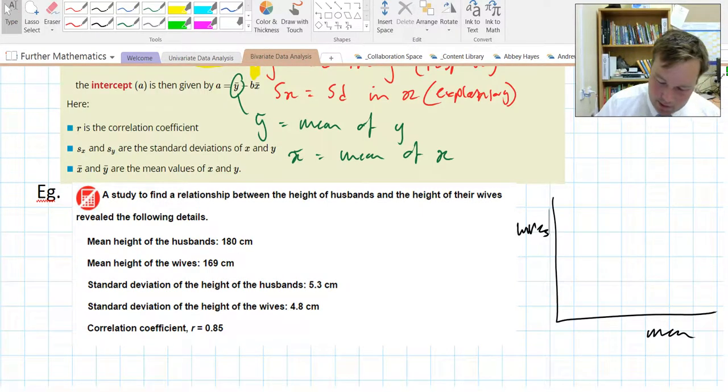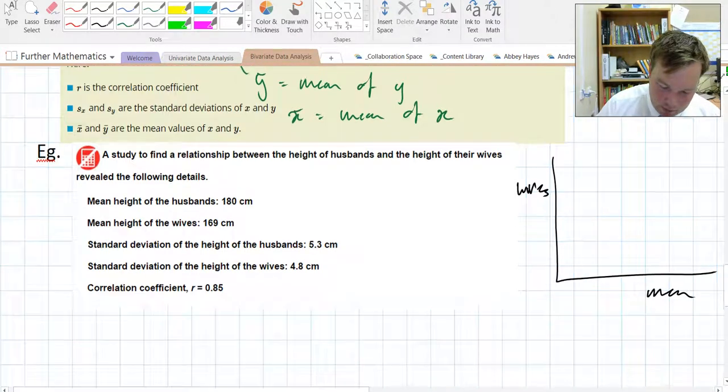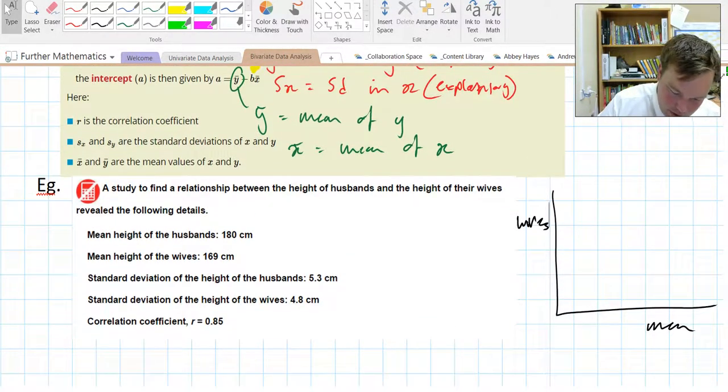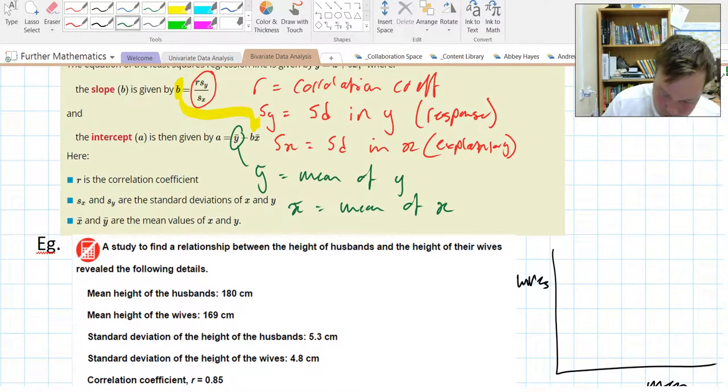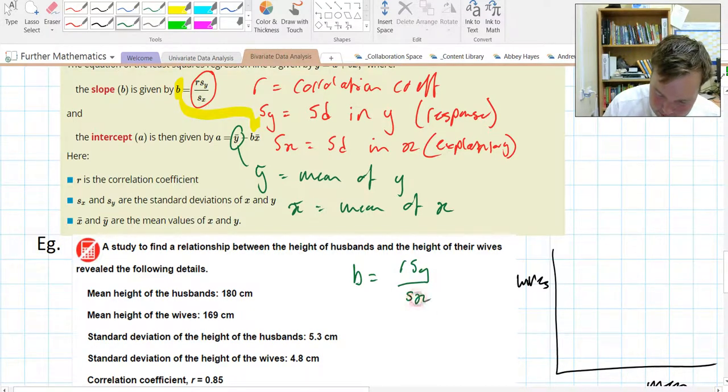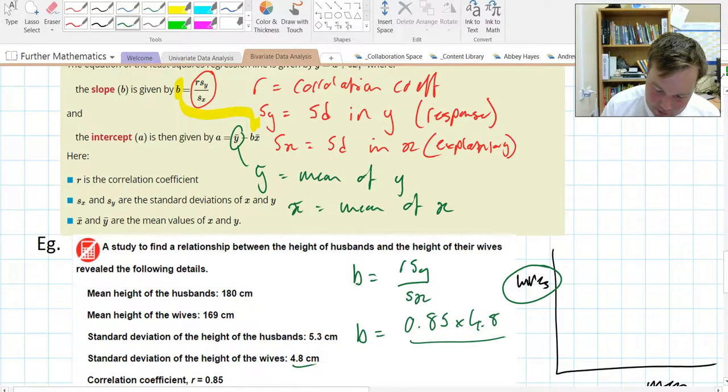So, let's look at this here. If we want to find b first, we would use the equation for b and write it out saying b is equal to r sy over sx. B would be equal to r, which is 0.85, times sy. Now sy is the standard deviation of the y variable being the wives, so 4.8, over the standard deviation of the x variable, 5.3.